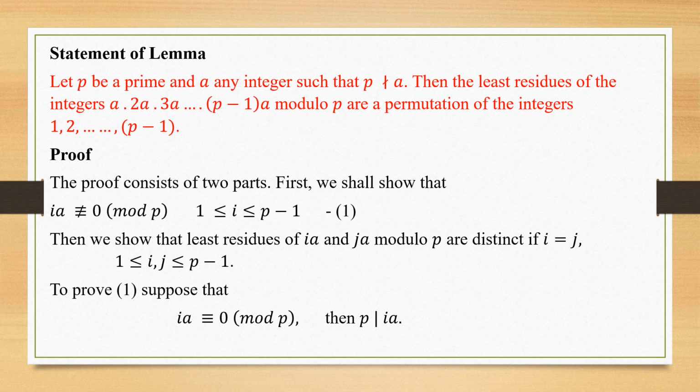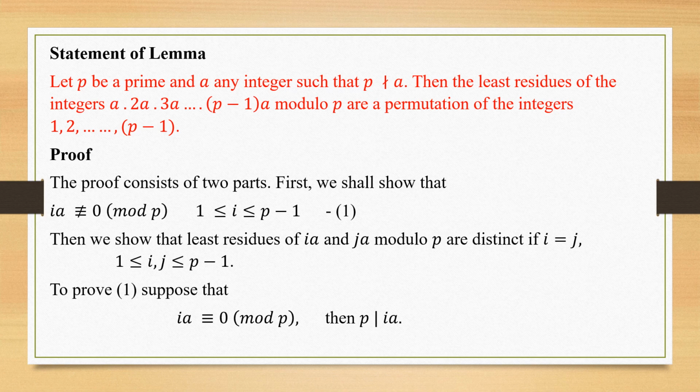So this is the statement of the lemma. You know what a permutation of numbers is? A permutation is a function which maps a set to itself, right? Now we'll be having modulo p, and p is a prime number, so this theorem holds for a prime number.